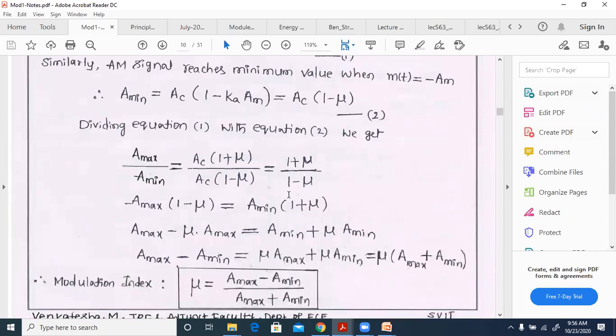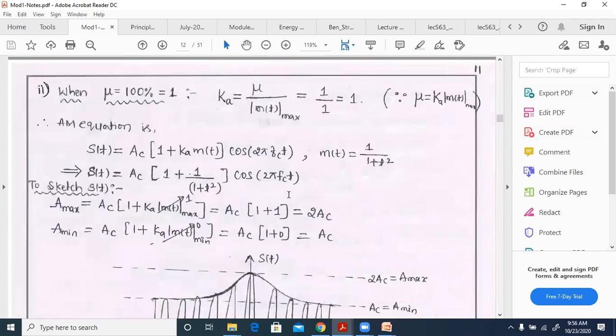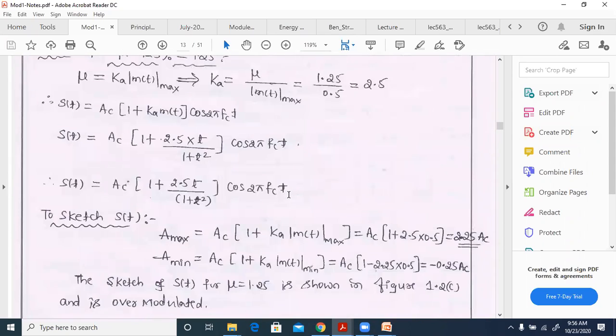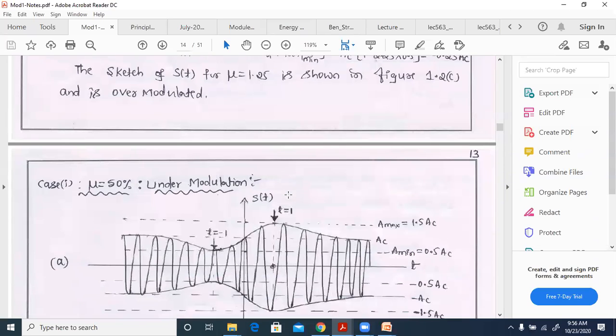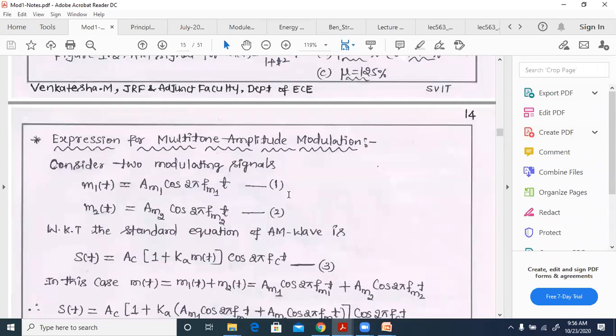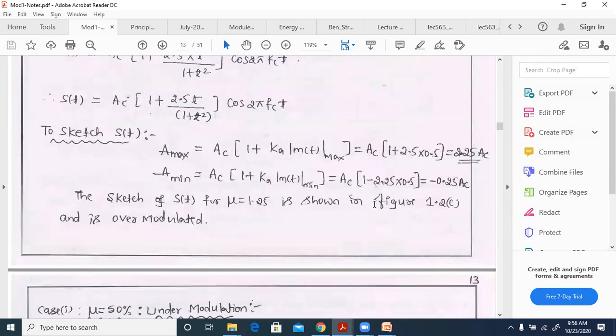The difference between single tone and multi-tone is only that in multi-tone you have more modulating signals, which will give you Am1, fm1, Am2, fm2 and all that. So you will have so many of them, m1(t) equal to Am1 and so on. But in single tone, you will have only a single term.